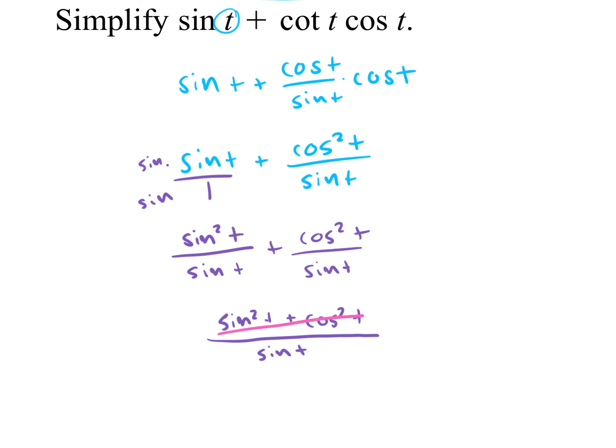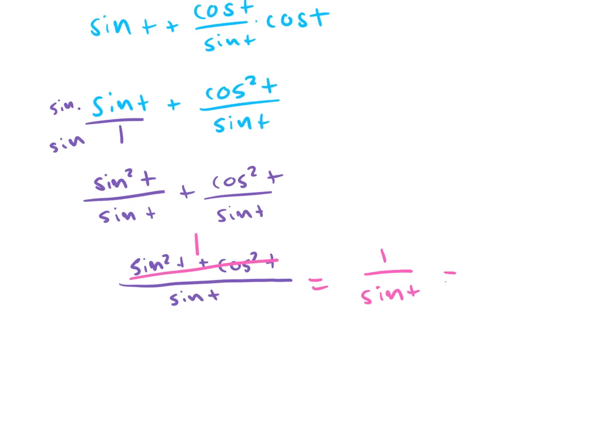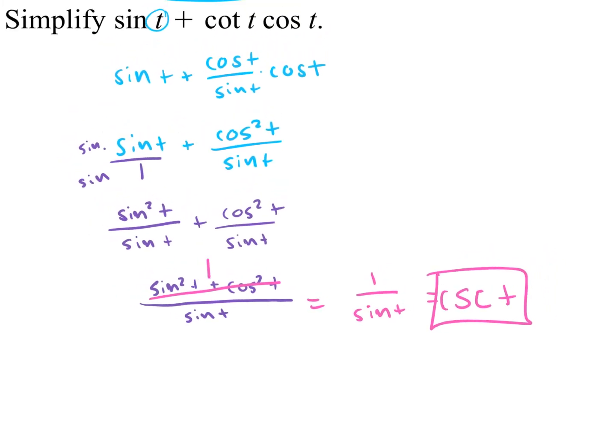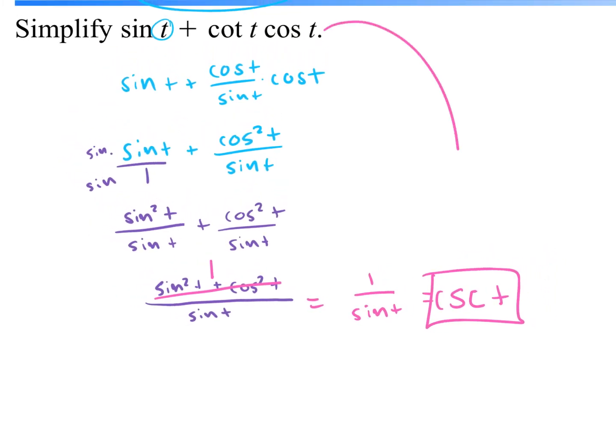So I'm going to replace sine squared plus cosine squared with 1. So I have 1 over sine. Does this look familiar? This is cosecant. So all of this turned into cosecant.